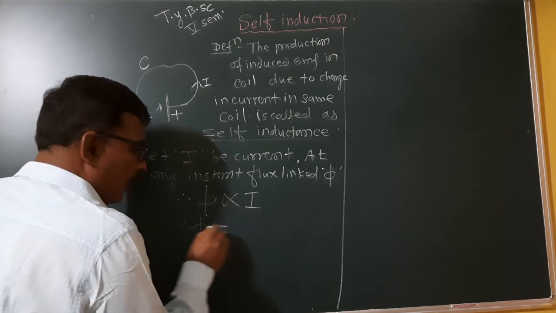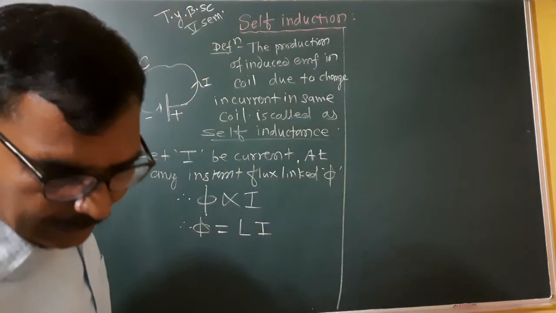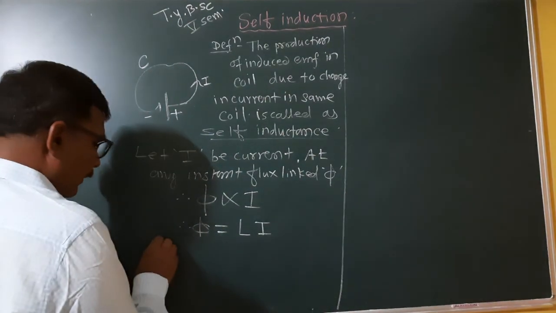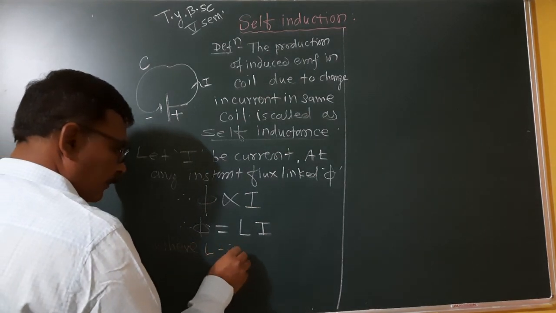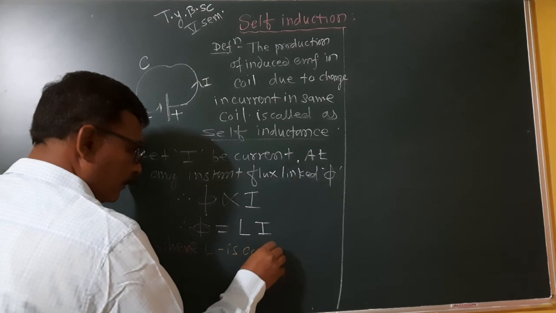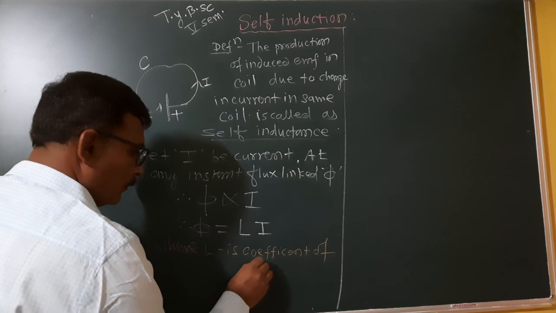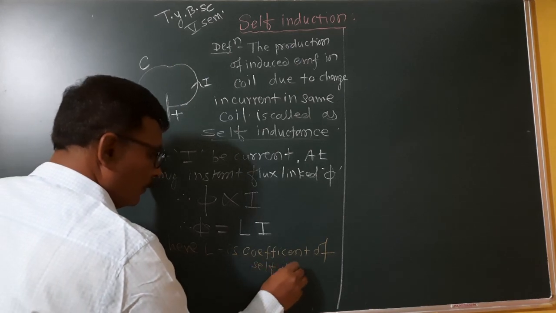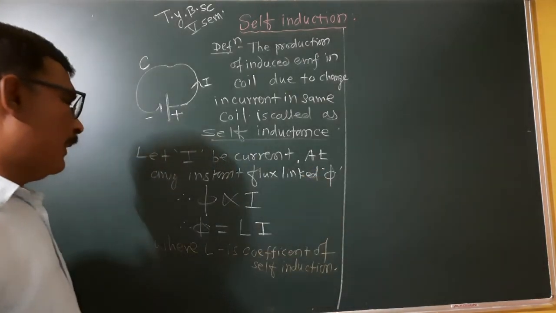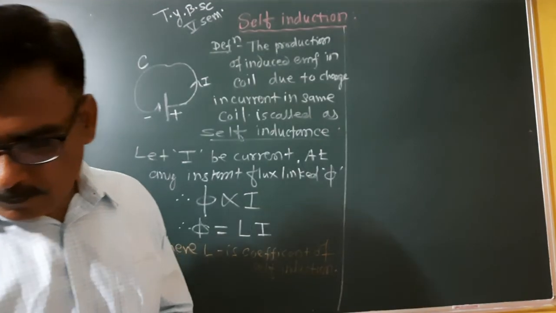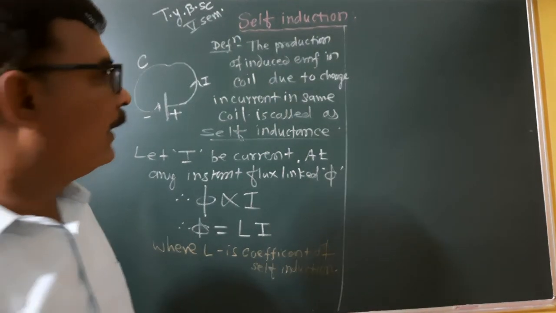Phi is equal to L into I, where L is the coefficient of self-inductance, or coefficient of self-induction. Then we have to consider Faraday's law of electromagnetic induction.